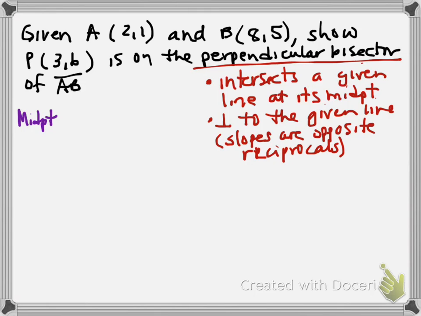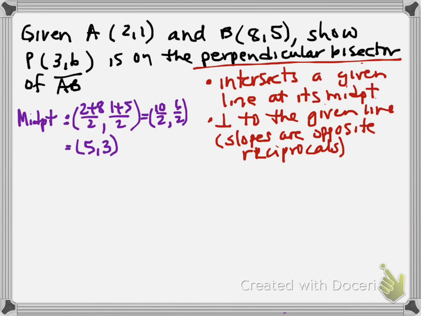So midpoint is going to be, let's see, 2 plus 8 over 2, 1 plus 5 over 2, which gives me 10 over 2, and 6 over 2, for a grand total of 5, 3. So that's the midpoint of this line that contains A and B. So we'll call him M for midpoint.